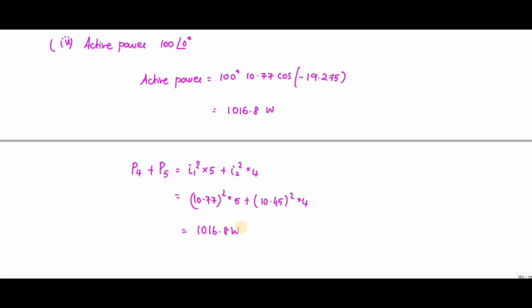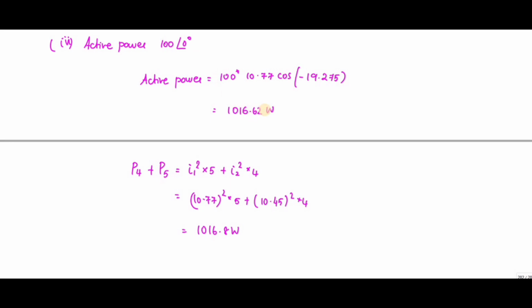So 10.77 into 100 cos 18.275 into 10.77 gives 1016.62.